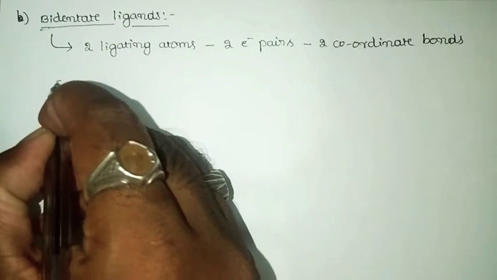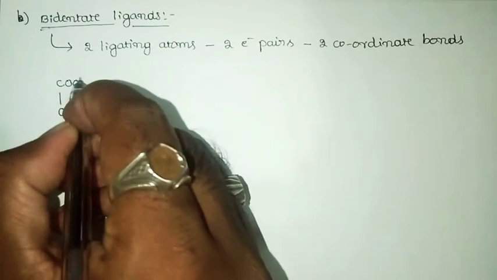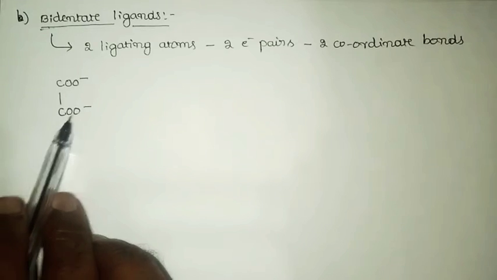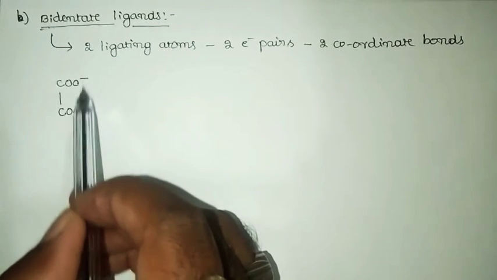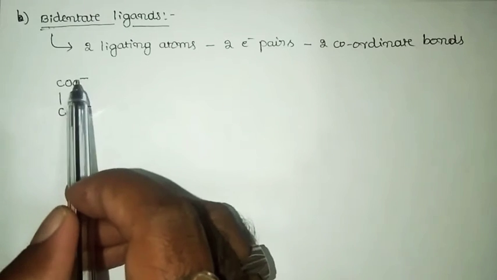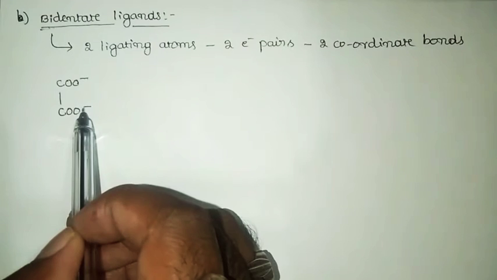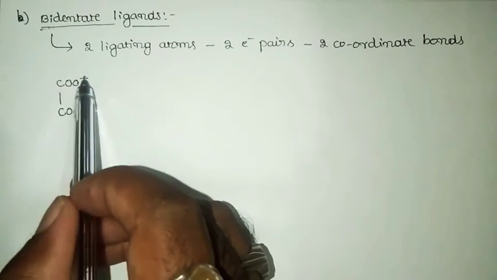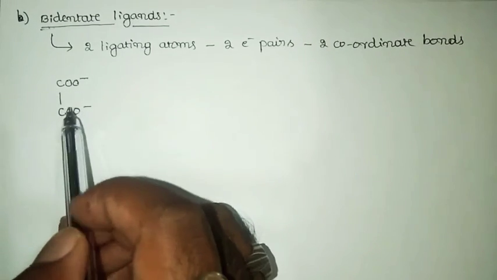The very simple example for the bidentate ligand will be this one, which is obtained from oxalic acid. The two hydrogens have been removed, and that's why these two oxygen atoms have a negative charge. Negative charge means one pair of electrons, and that can be donated to the central metal ion. So totally we have two ligating atoms here, and it is a negatively charged bidentate ligand.